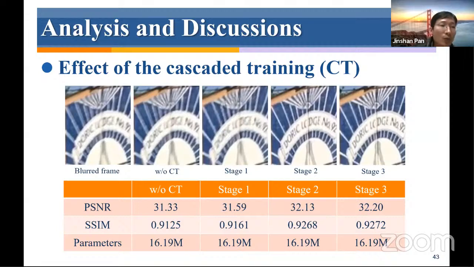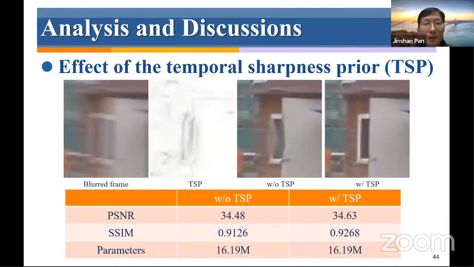And thus, we use two stages in our method, considering both the efficiency and the effectiveness. And here we show the effectiveness of the temporal sharpness prior on video deblurring. And we can see that the proposed method obtains clearer images due to the use of temporal sharpness prior. And in addition, using the temporal sharpness prior does not increase the model parameters.